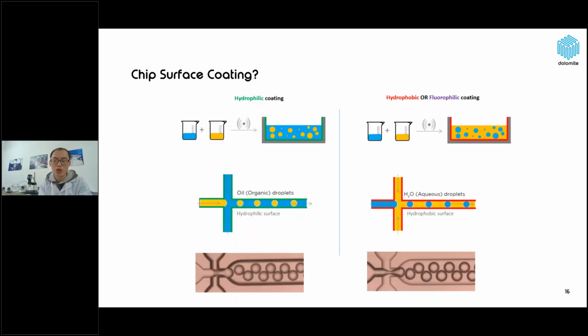This slide shows the surface effect. The question is, if we have half a glass of oil and half a glass of water, and you shake it vigorously, it would be very difficult to tell which is the droplet and which is the bulk phase. It may be a combination of both.